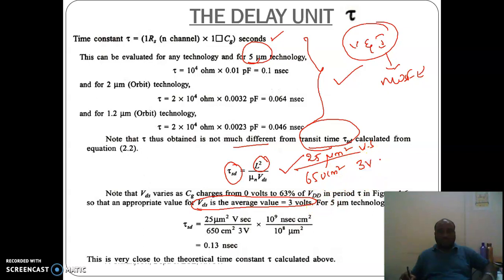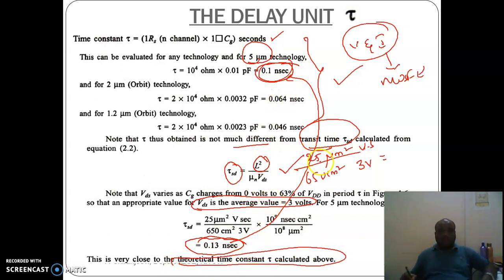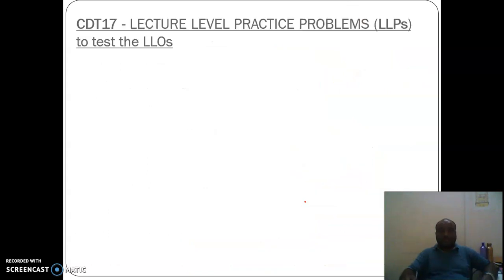When you substitute these typical values and evaluate, you end up with a transit time of 0.13 nanosecond, which is not much different from the calculation we made just now through sheet resistance and area capacitance as 0.1 nanosecond. So this is very close to the theoretical time constant calculated above. Right? Hope this is clear.